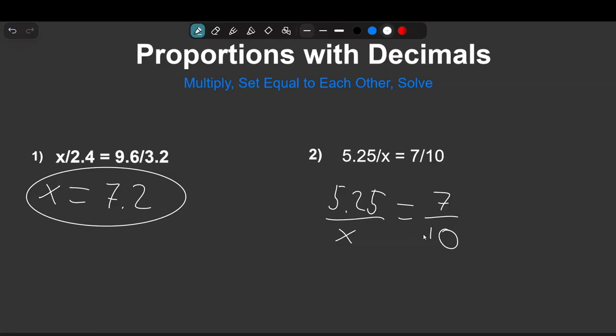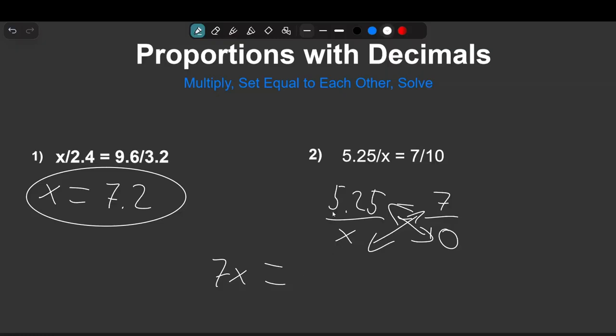So the first thing we're going to do is cross multiply. Again, we're going to create a little cross like this. I like to start with the x and the other number because I just like the way the equation looks like that. So we're going to do x times 7. x times 7 equals 7x.